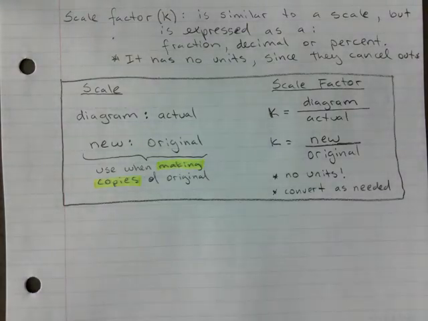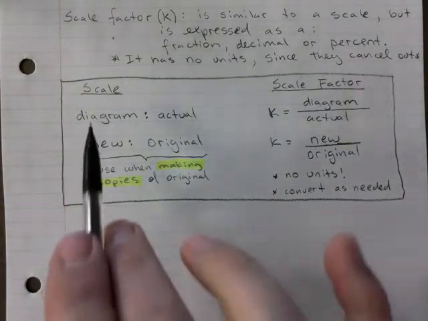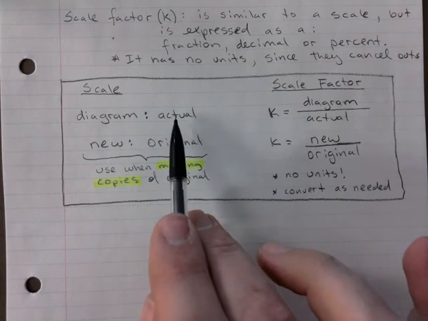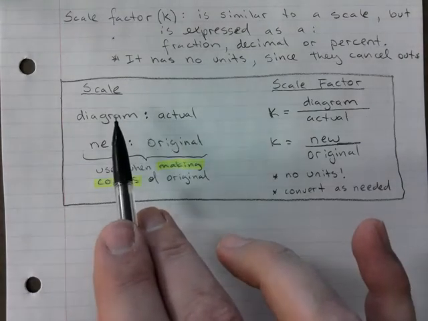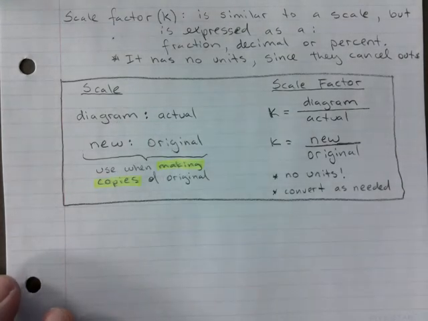The students are like, well, Mr. Erickson, which one of these two should I use? My answer will be, it depends on the situation. If you're looking through a microscope, you're looking at a cell, I would use diagram actual. The actual cell and what you're looking through is a diagram, really.